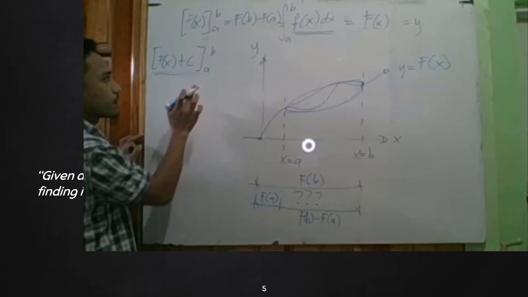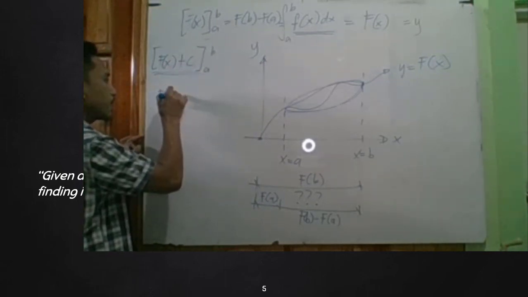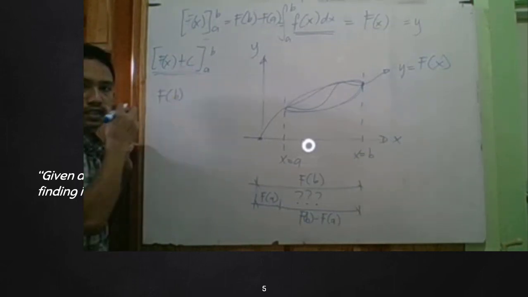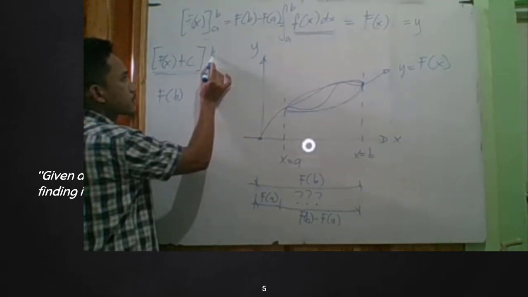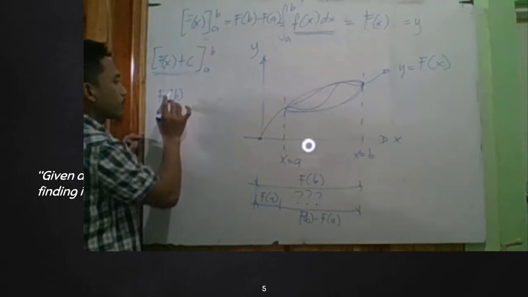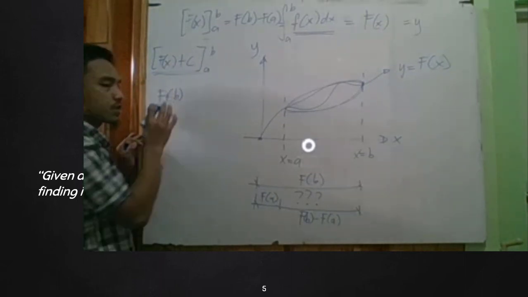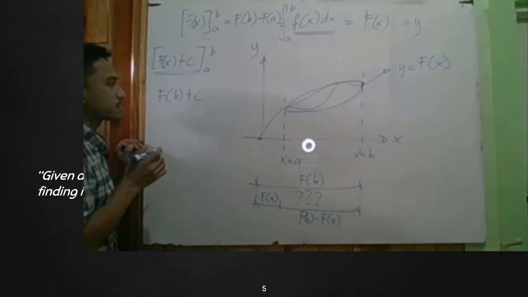Substitute the value of x to be a and to be b. You do not need to worry about c, since that will be cancelling. So I substitute x equal to b. Whatever that function is, simple or complicated, you substitute the value of x. Still there is that plus c, since that is a constant.